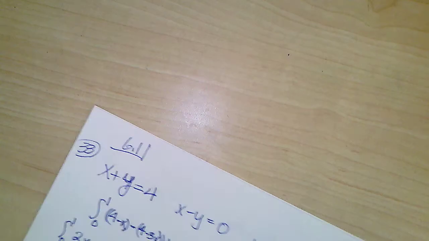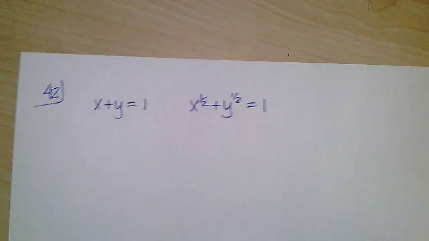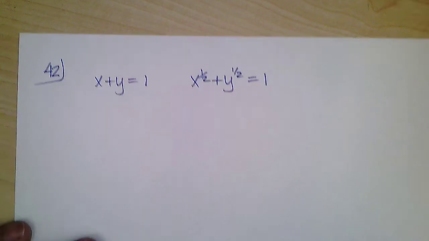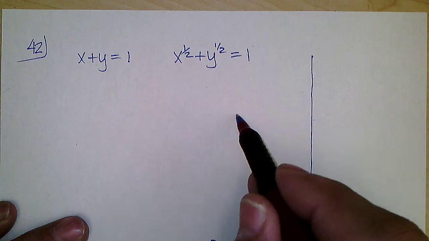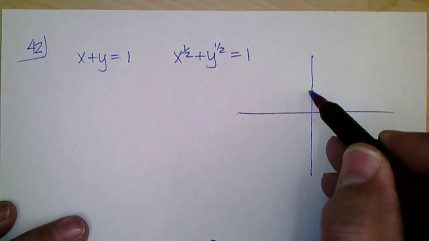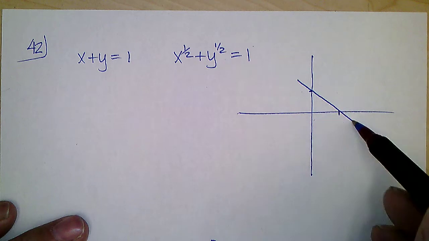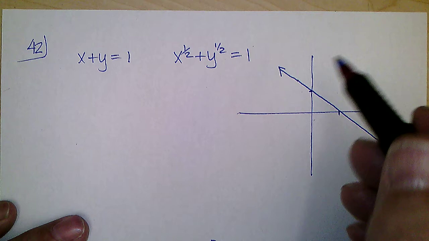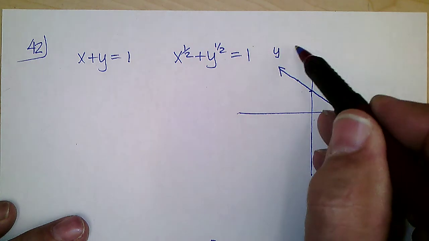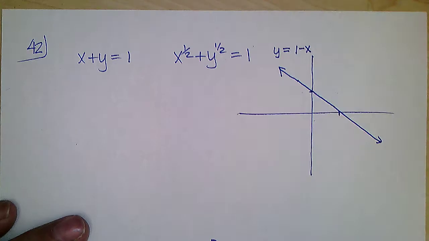Okay, 42 says find the area bounded by these two. x plus y equals 1 would go through 1 and 1. It'd be a line. If I solve for y, it would be y equals 1 minus x.